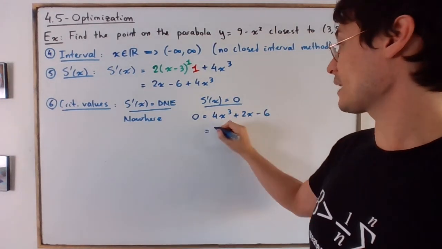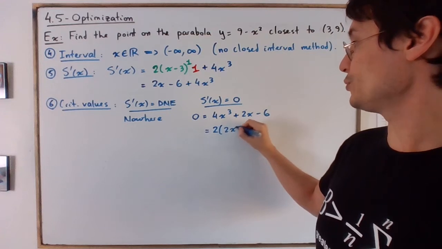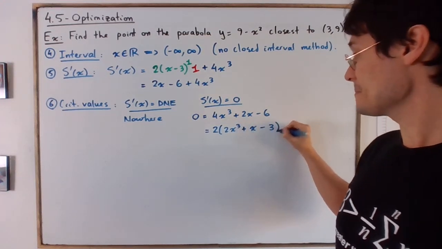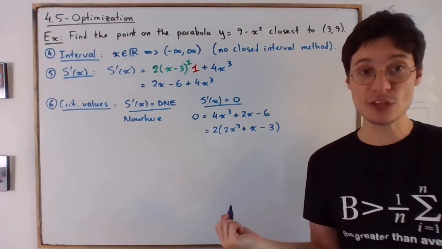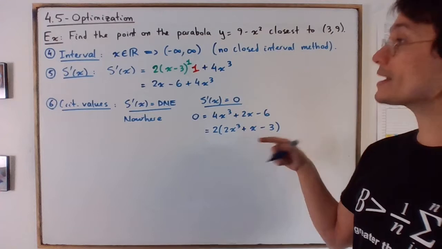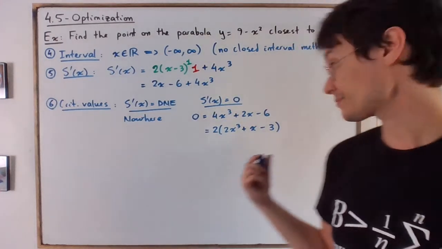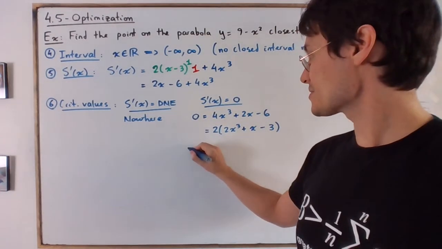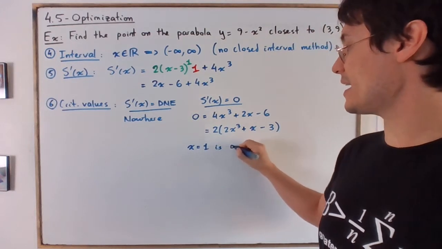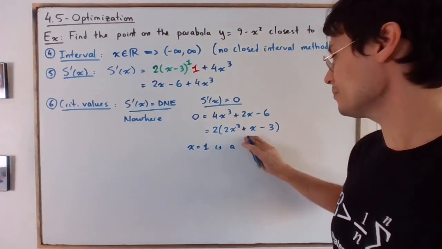Okay, and then let's take out the 2. So we're going to have 2x cubed plus x minus 3. And one thing that we can notice, actually, this is going to save us, is that x equals 1 is a solution. Okay, so x equals 1 is a critical value.